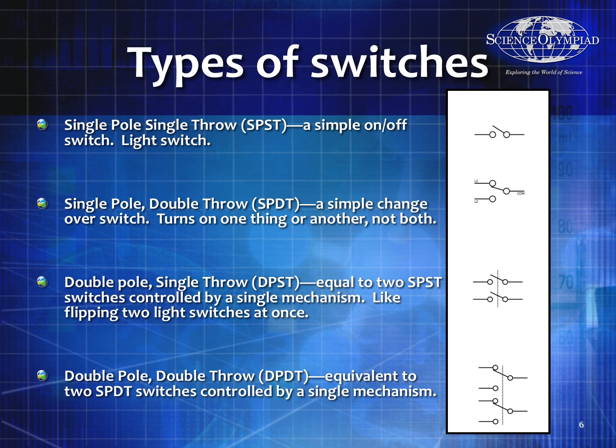Then you'll have a double pole single throw switch, which is basically like having two single pole single throw switches that are connected. They operate at once. So even though I only flip one switch, it actually connects two separate independent circuits.